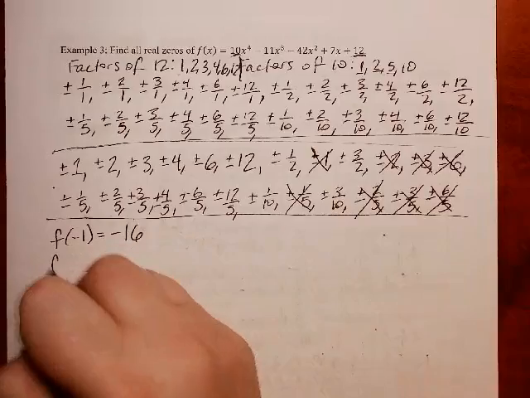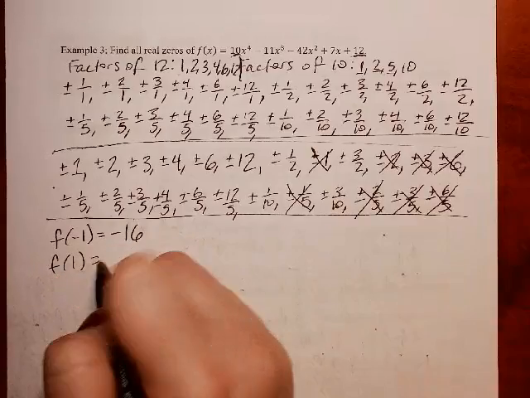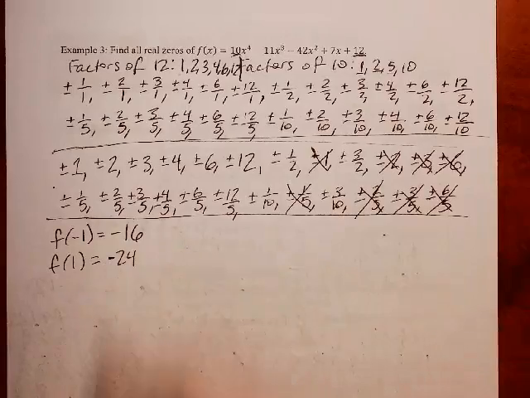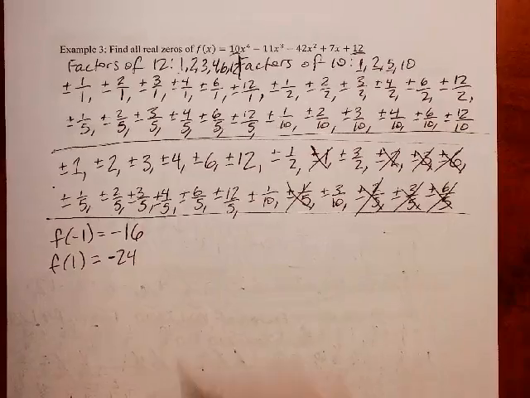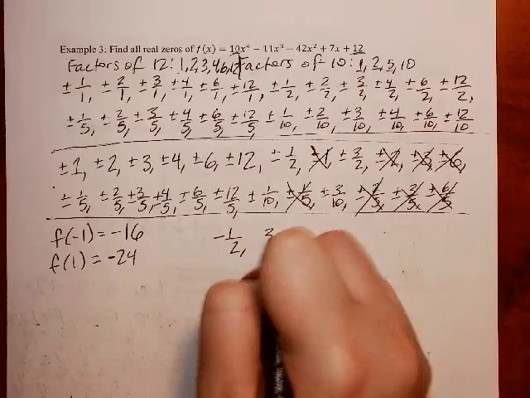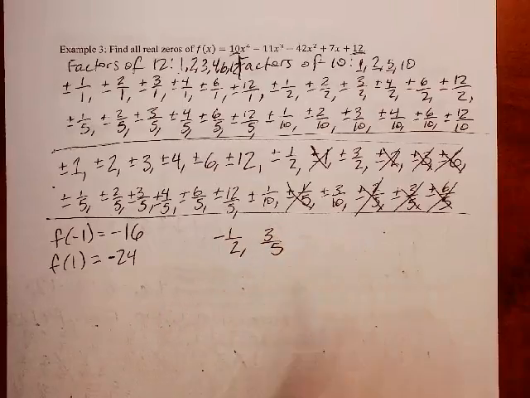And I plug in positive 1. And I get negative 24. And I plug in all of these. And I get 0 at negative 1/2 and 3/5.